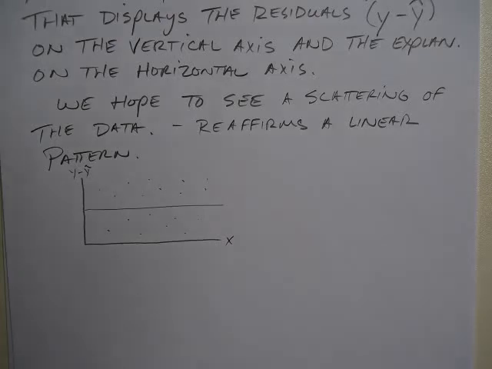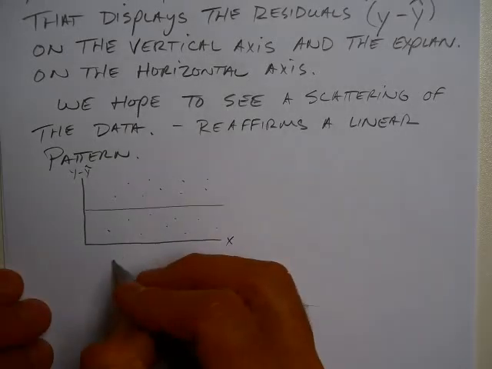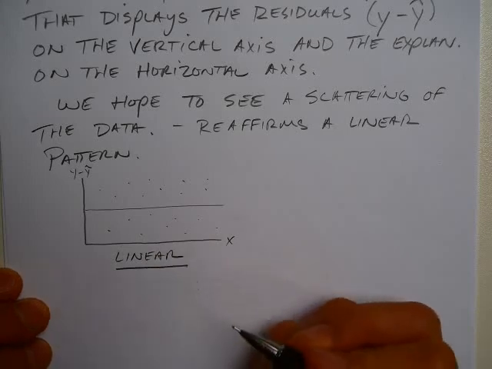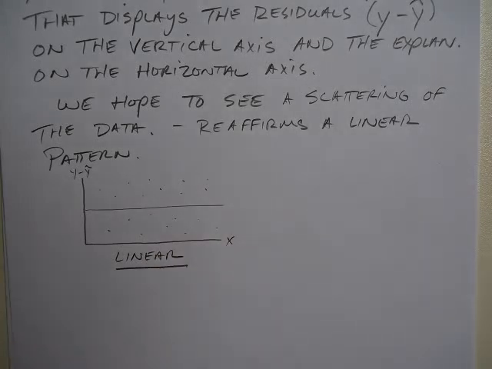If the residual plot shows a scatter, then that indicates that the original plot is probably linear. It's the opposite of what you would think you would see. You look for a scatter to see linear.